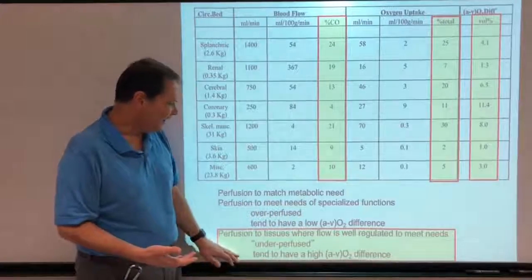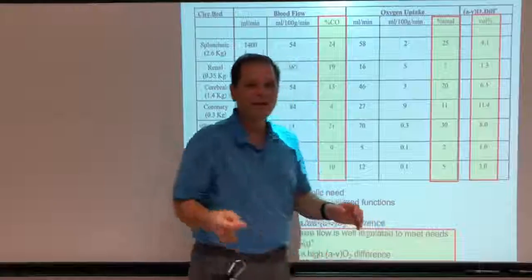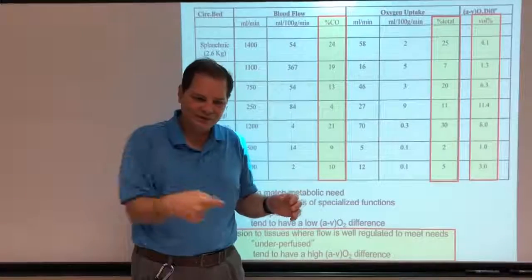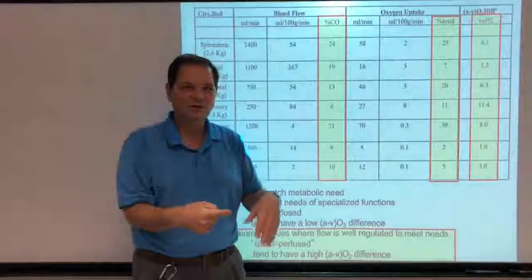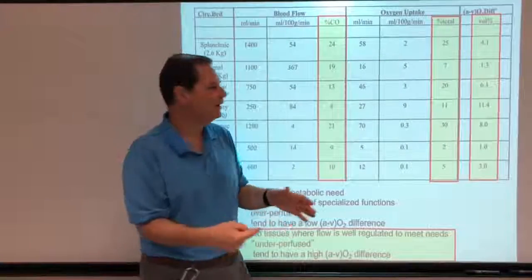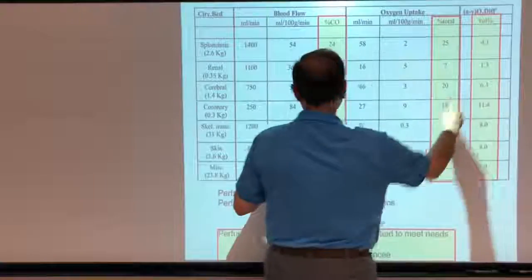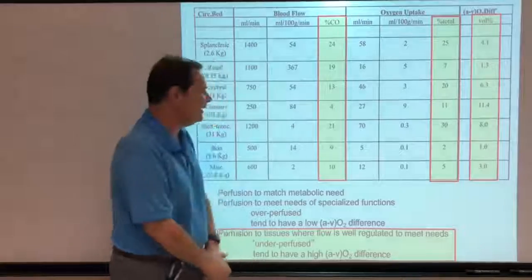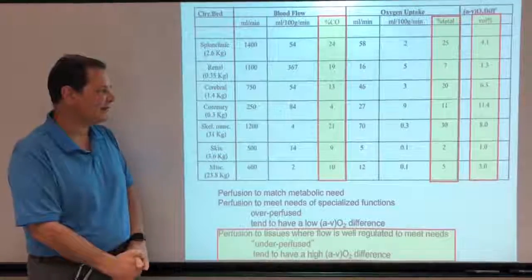These tissues tend to have a high AVO2 difference because a high percentage of the oxygen that's going in through the arterial blood gets used by the tissue, and what's left over in the venous blood is a relatively low amount. So the AVO2 difference for coronaries, for the brain, tends to be relatively high because you eat up a lot of oxygen.